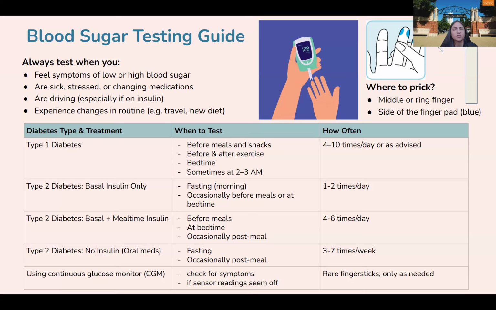And also if any patients are experiencing any sort of symptoms, this would be another good indication. It's just like how for anybody with high blood pressure or on blood pressure medication, we want to take the patient's blood pressure daily and log it. It's the same idea with blood sugar testing, and it's very important for individuals with both type 1 and type 2 diabetes.